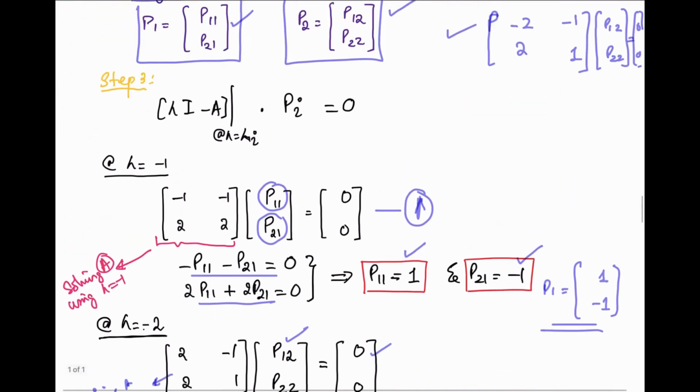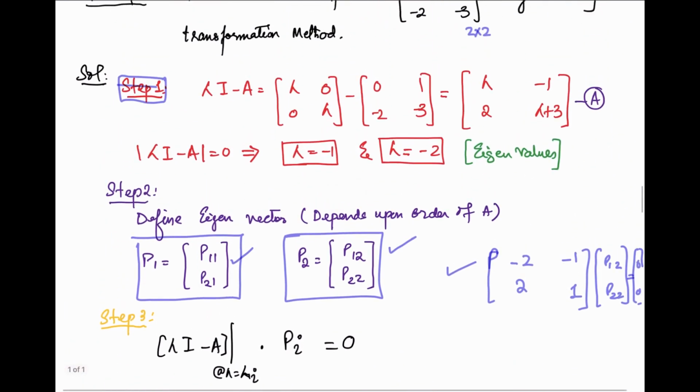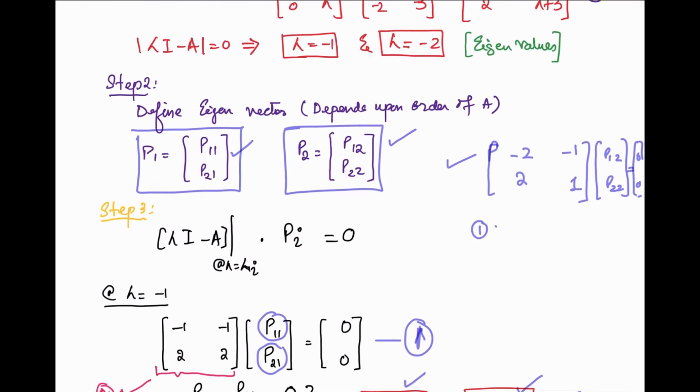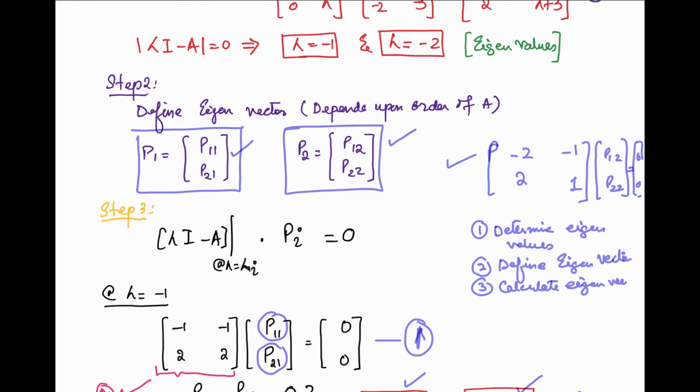If I go back and make a summary, so the first step was to determine the eigenvalues, right? So let's summarize over here. First step, determine eigenvalues. The second step is to define eigenvectors. The third step is to calculate eigenvectors using eigenvalues and this equation.